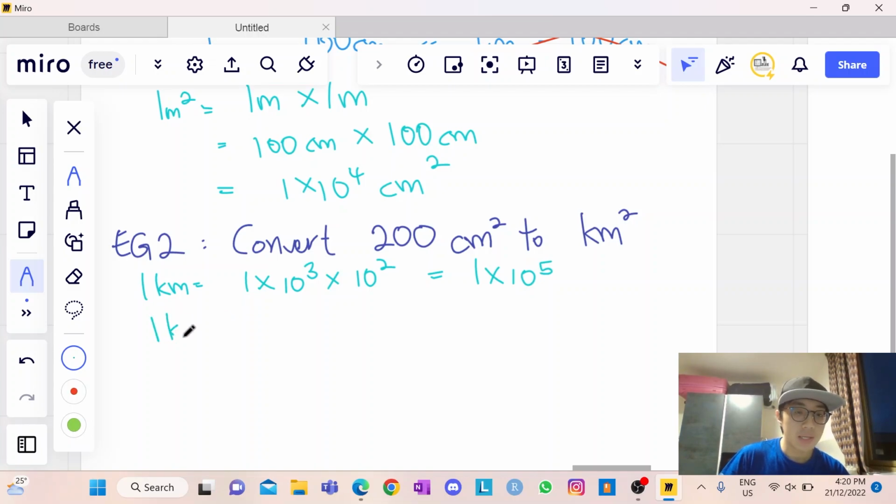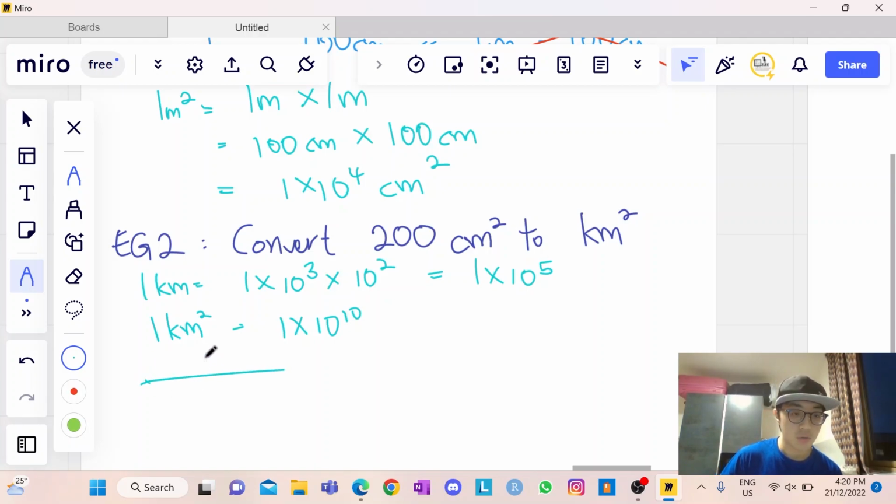Then 1 km square, you square this, you will get 1 times 10 to the power of 10. It's not 1 times 10 to the power of 25 here, so please remember your rules of indices. When you multiply this twice, you will get 1 times 10 to the power of 10.